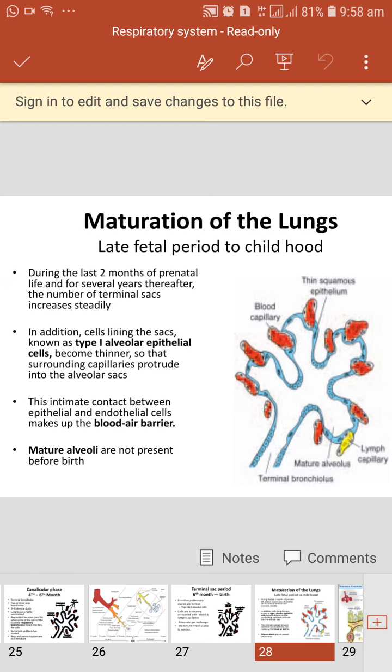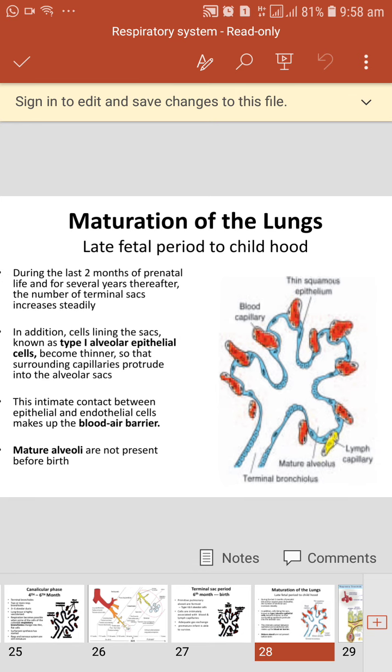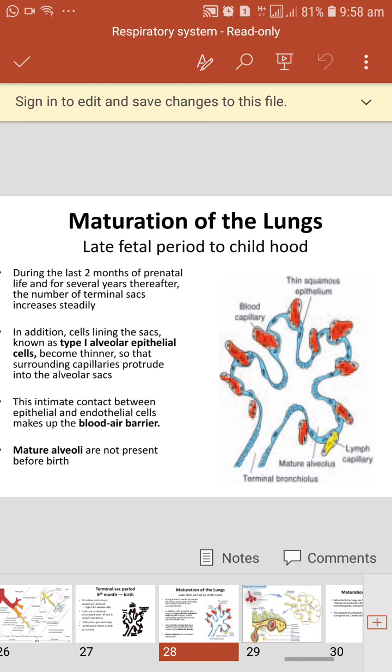This intimate contact between epithelial and endothelial cells makes up the blood-air barrier. Mature alveoli are not present before birth. This must be in your mind.